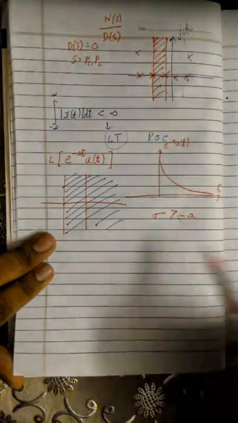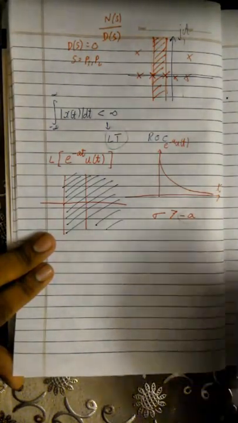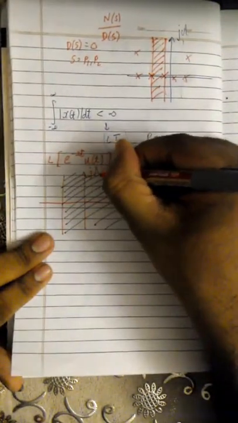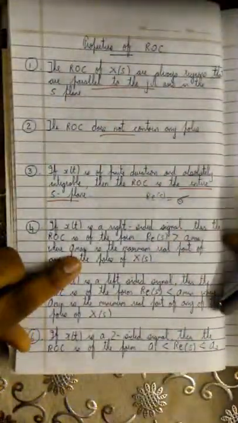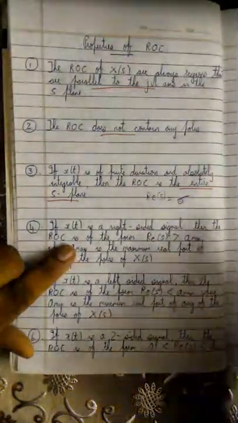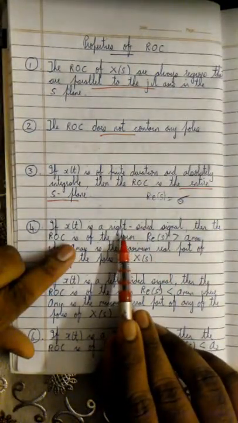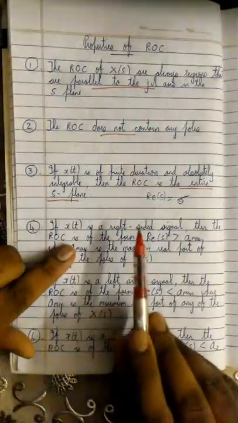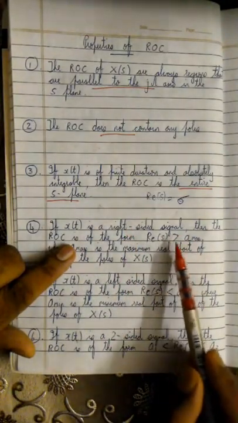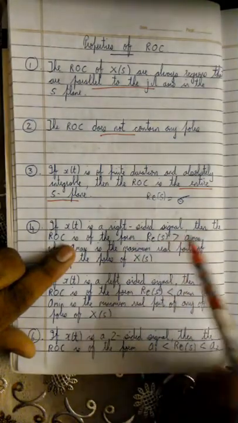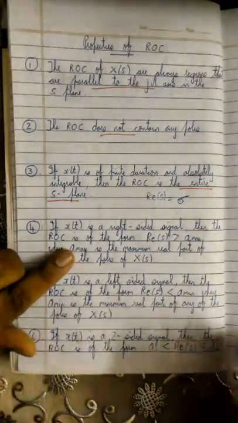So you can compare with this property when you are finding an answer. For example, when you do a problem and you see that the given signal is right-sided, you should immediately understand that the answer should be in this format. If you don't get the answer in this format, then there's something wrong with your answer.